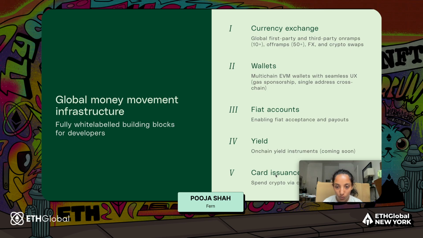And card issuance will enable you to issue branded cards to your customers so that they can spend crypto in their Fern provisioned wallets via the cards that you issue to them. Together, these 5 building blocks, we think, build a complete stack of financial infrastructure for new companies and new projects that are getting started and want to seamlessly bridge fiat and crypto.